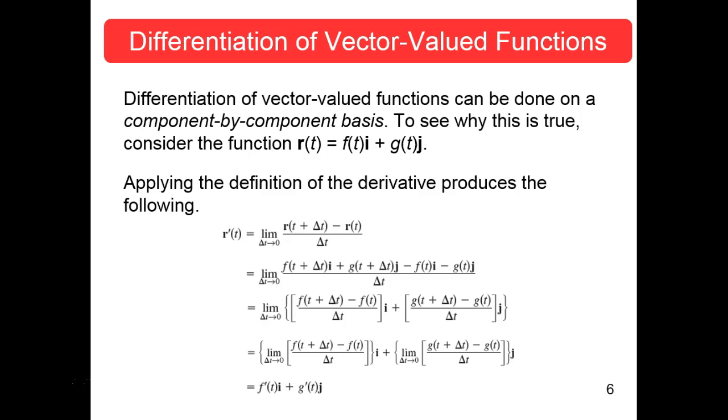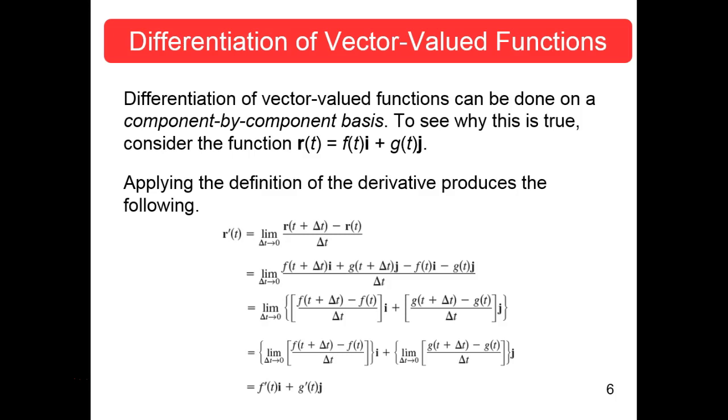Now, if you rearrange this, f of t plus delta t i minus f of t i, put those together over delta t with the i's, and plus g of t plus delta t minus g of t over delta t j, this is just f prime of t i plus g prime of t j. So what have you done?